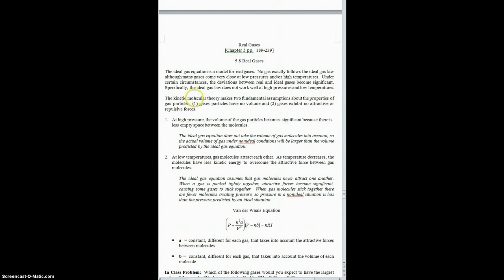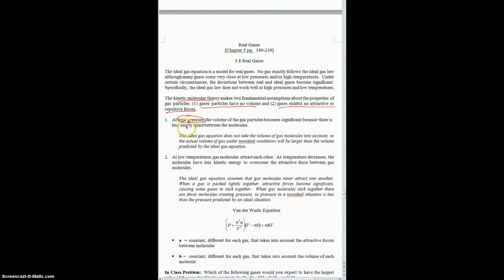So remember, some of our assumptions of the kinetic molecular theory was that gas particles don't take up any volume, and also that gases exhibit no intermolecular forces between their particles. So under conditions of high pressure, okay, the volume of the gas particles becomes significant because there is less empty space between the particles.